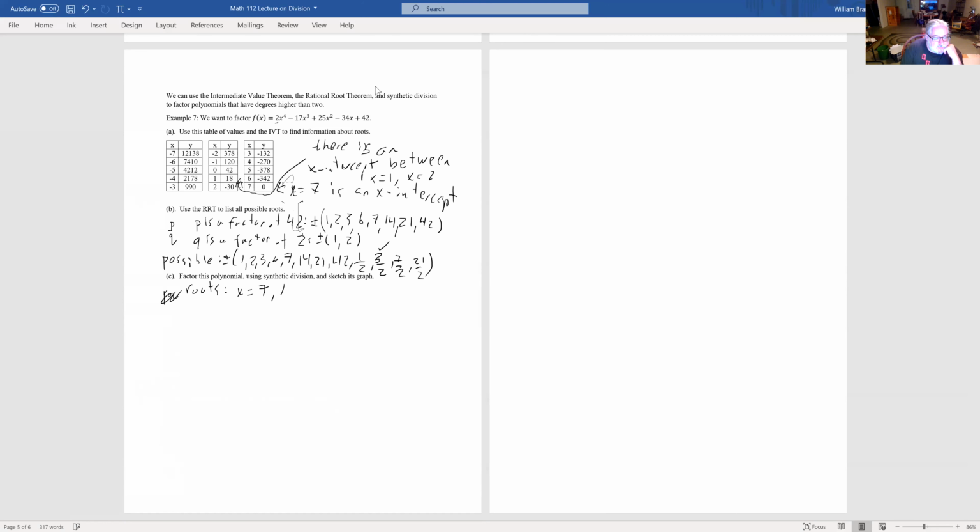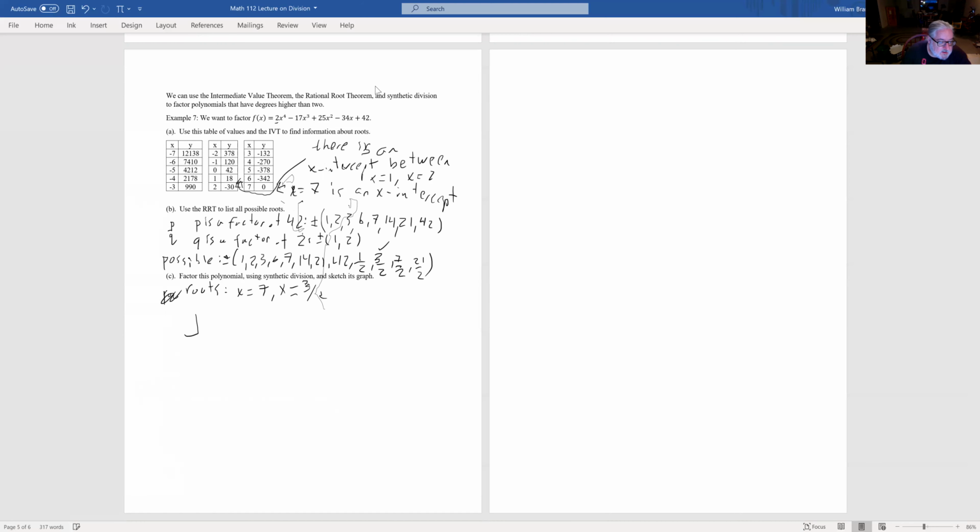So I bet my roots are those two. If I can factor those out, that'll be a good step forward in trying to figure out how to factor the rest of this. So let's factor out the 3/2 first, because I don't know if that's actually a root. It's possibly a root, but maybe there's something else, some irrational number that's in there.